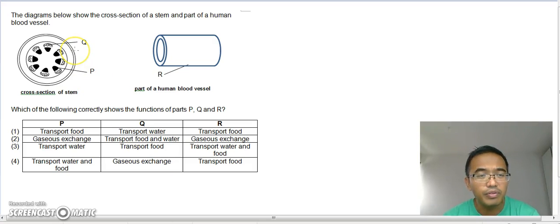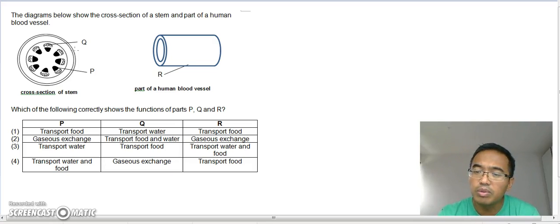One way to remember is that water is always in the middle. My previous students have many ways to remember this. They say, Mr. Zaki, the water always likes to stick to each other, so they are always in the center.